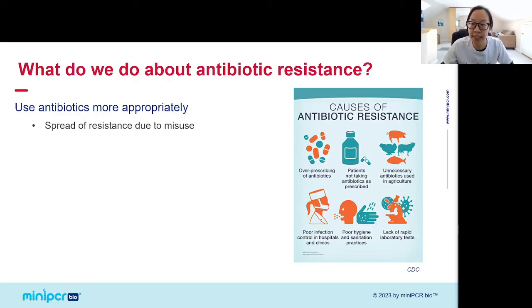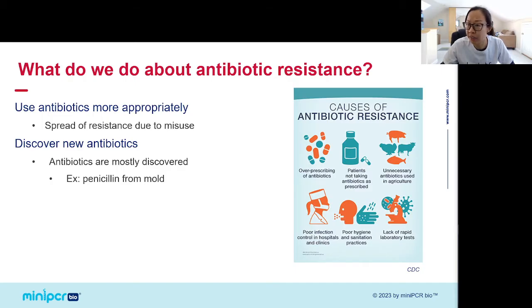Instead, our focus today is going to be how antibiotics and antibiotic resistance work at the mechanistic level, because that is important for antibiotic discovery. New antibiotics can be discovered to fight the bacteria that are resistant to our current antibiotics. Antibiotics, in fact, are mostly discovered in nature, not created, like how Alexander Fleming did with penicillin from mold.